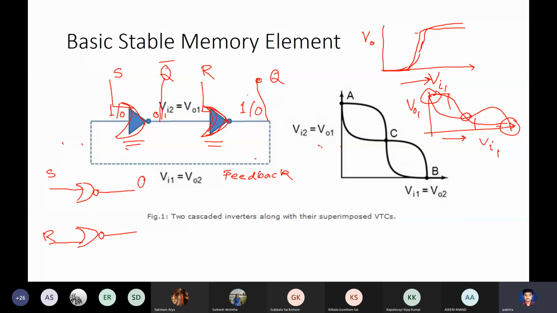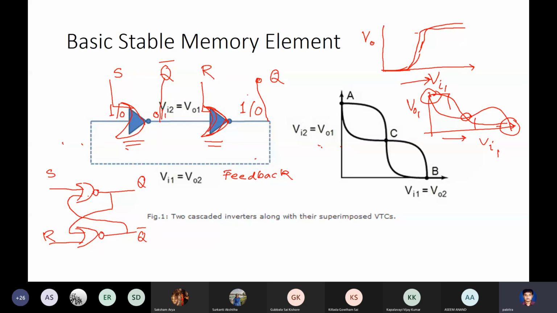This is Q, one of the outputs of the NOR gate, and Q bar, the output of the other NOR gate. Now you see the output of one NOR gate is the input of the second NOR gate. Similarly, the output of the second NOR gate is the input of the first NOR gate.